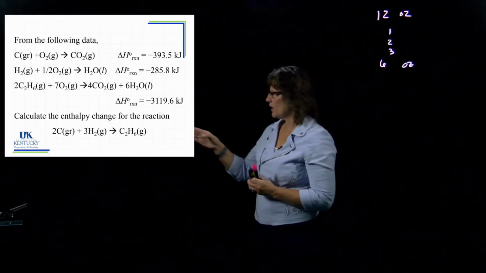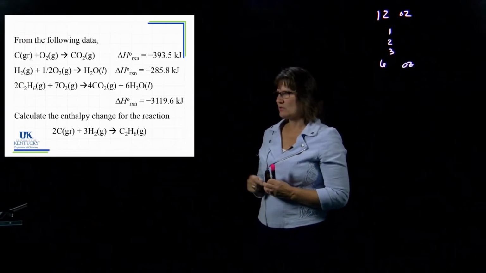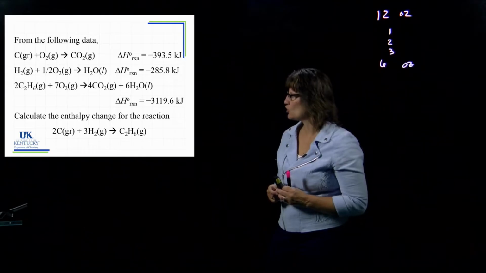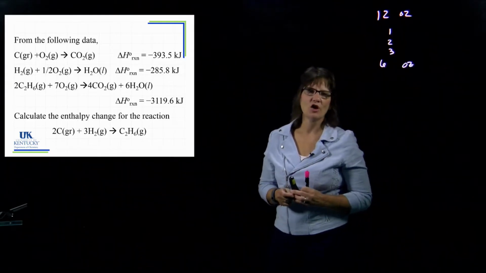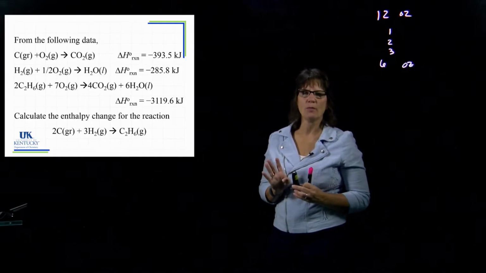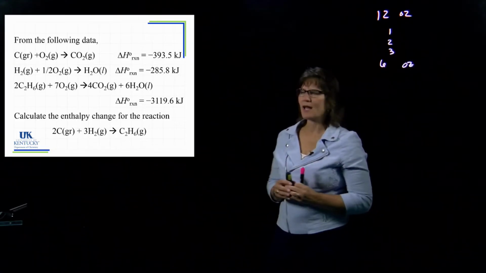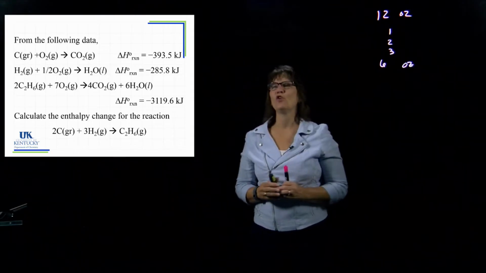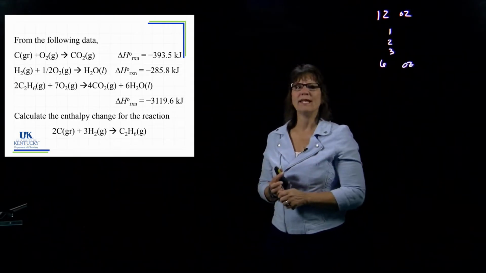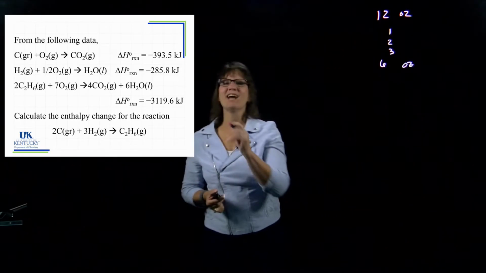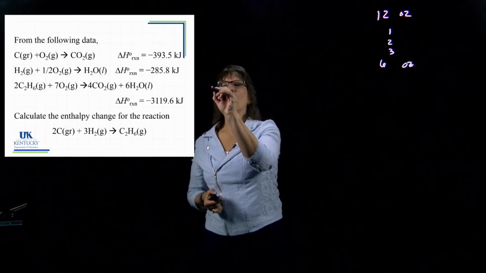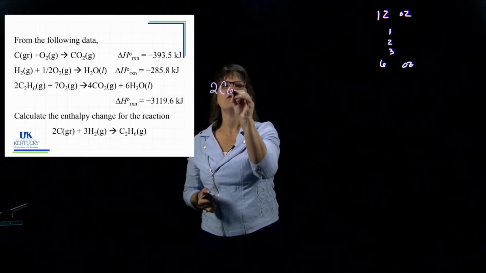Let's start by looking at the bottom of this screen here. We need 2 carbons, and that Gr stands for graphite. I need 2 carbons in the form of graphite. Well, if I go up and look at the first equation, I see that I have carbon in the form of graphite, but it's only 1. So let us double that whole reaction. That'll give me 2 carbons in the form of graphite.